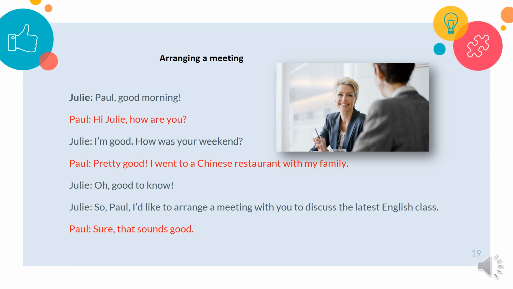So, Paul, I'd like to arrange a meeting with you to discuss the latest English class. So, Paul, I want to go with you. I want to have a conversation about the last English class.